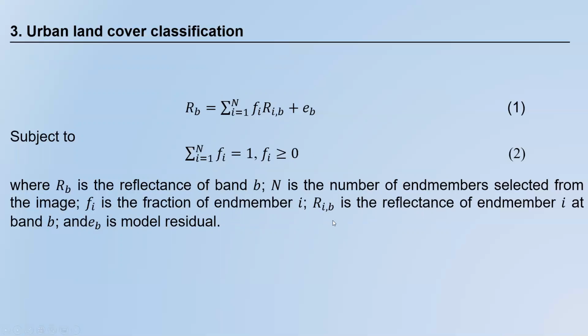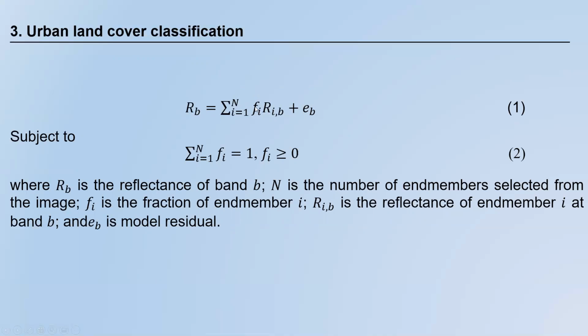And Rib is the reflectance of end member i at band B. You use Rib to multiply Fi and calculate the sum for all end members from i equals 1 to i equals N. It means you use the typical reflectance of an end member, multiplied by its abundance or fraction within this pixel, to get its contribution to the total reflectance of that pixel.